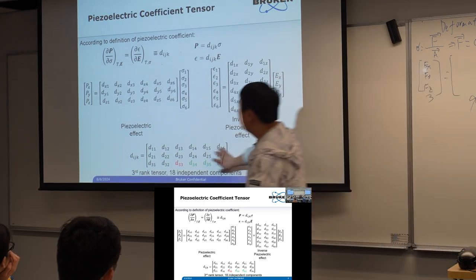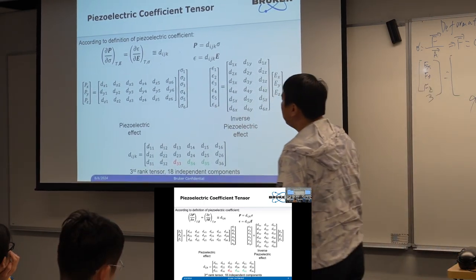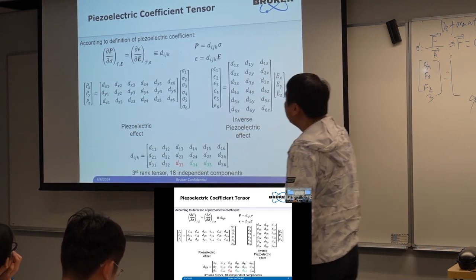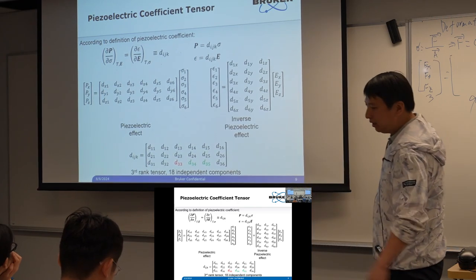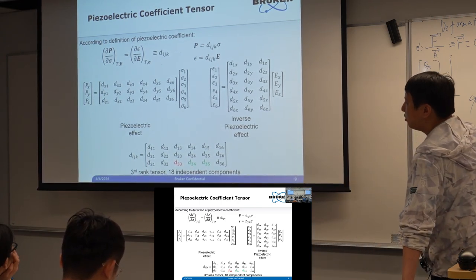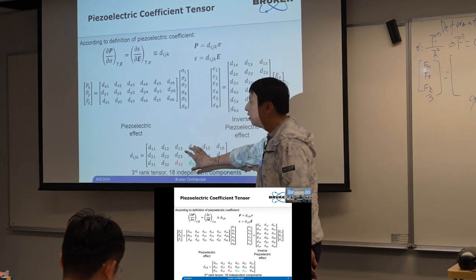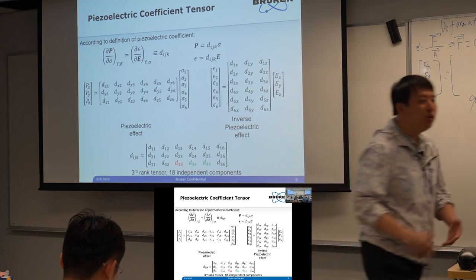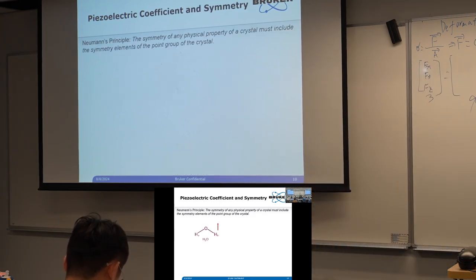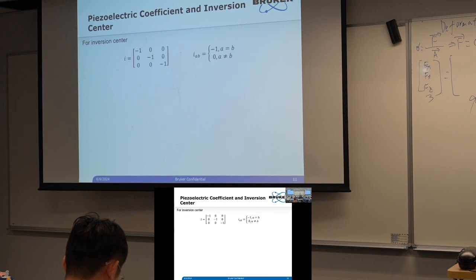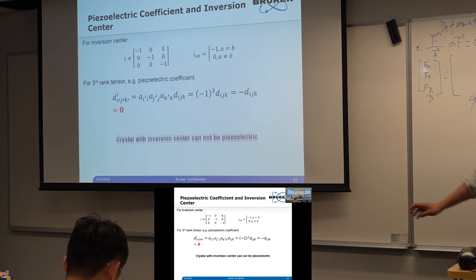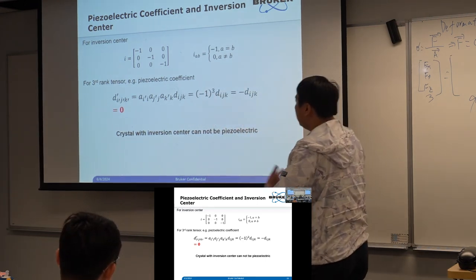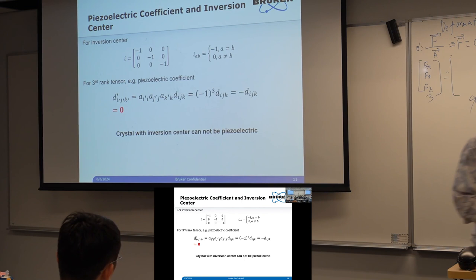Since we have 18 components for a piezoelectricity coefficient tensor, it will make it very difficult to fully understand. So as a way to reduce our calculations, we use symmetry. And the result is that if a material has an inversion center, then it cannot be piezoelectric.